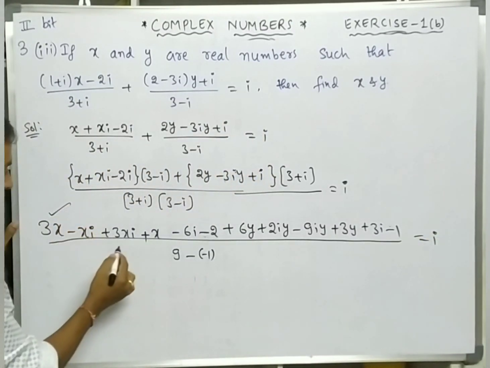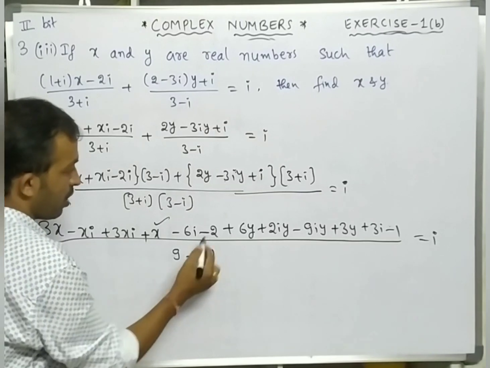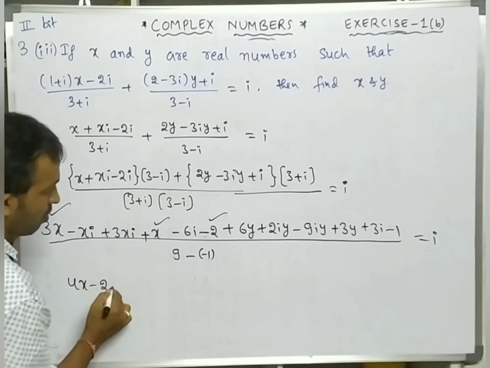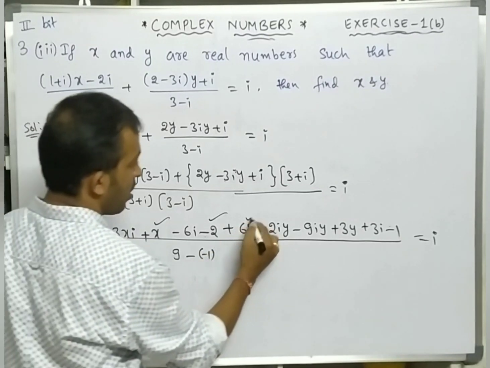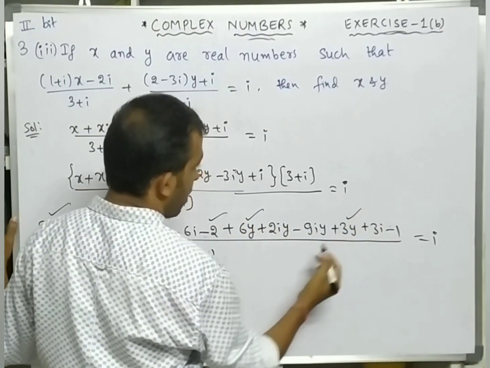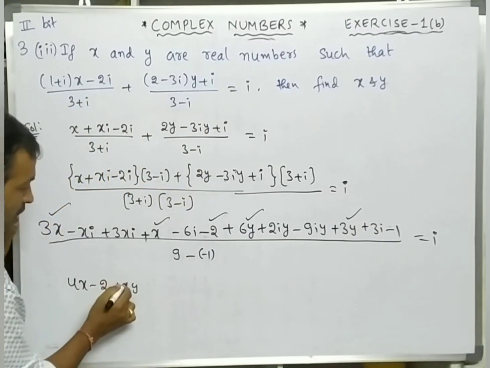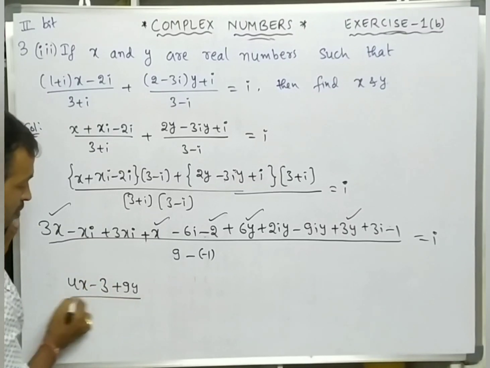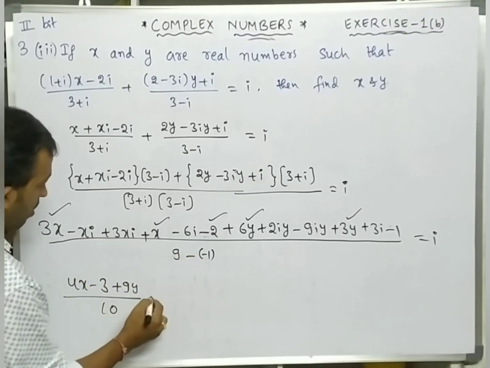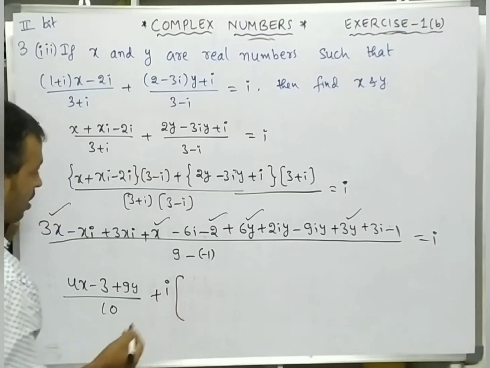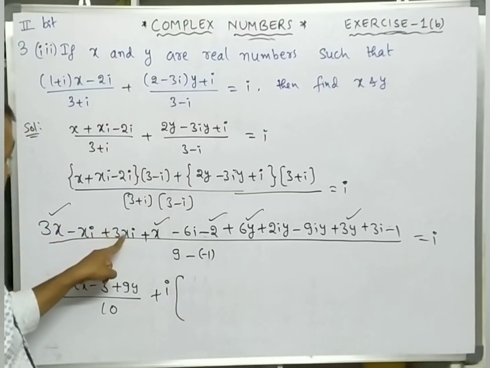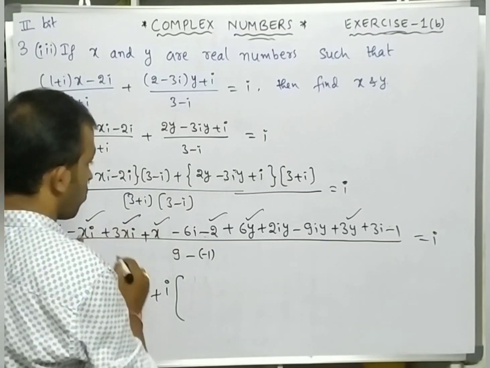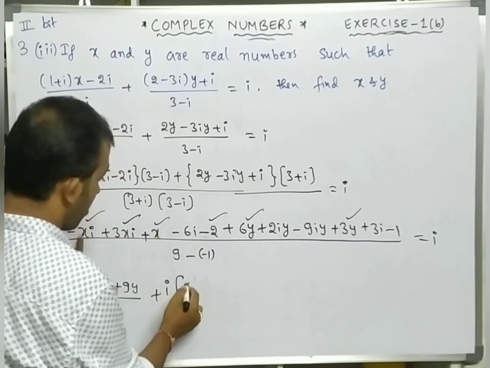Now real parts: 3x plus x, 4x, minus 2, 4x minus 2 plus 6y plus 3y, 9y, minus 1, minus 2 minus 3, by 9 plus 1, 10. Plus imaginary parts: 3xi minus xi, that is 2xi, i is common, 2x.